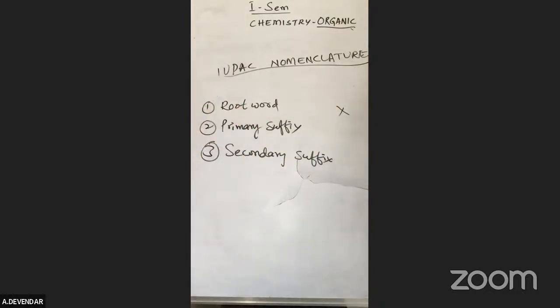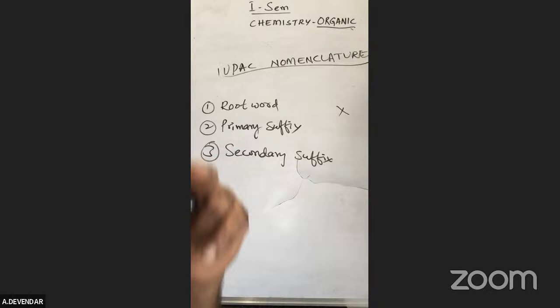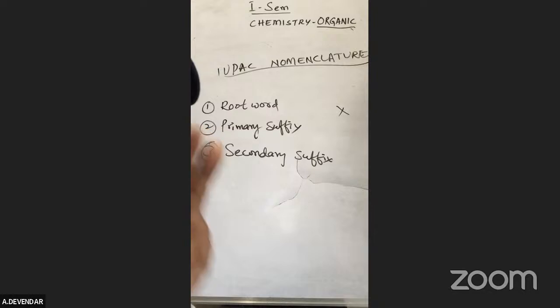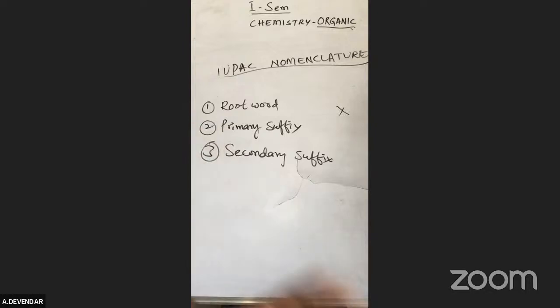Suppose in an unknown organic compound you have only 2 carbon atoms, it is called eth; if 5, pent; if 8, oct, like that.